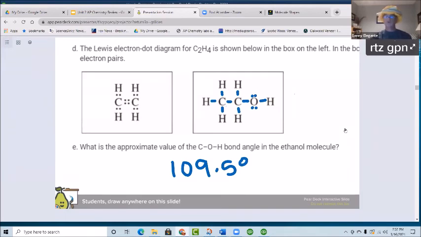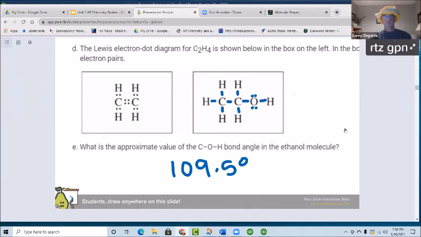It's more like 104. Because 109.5 is going to be when you have just 4 bonds. When you have extra electrons in there, lone pairs tend to smush the angle a little bit more.